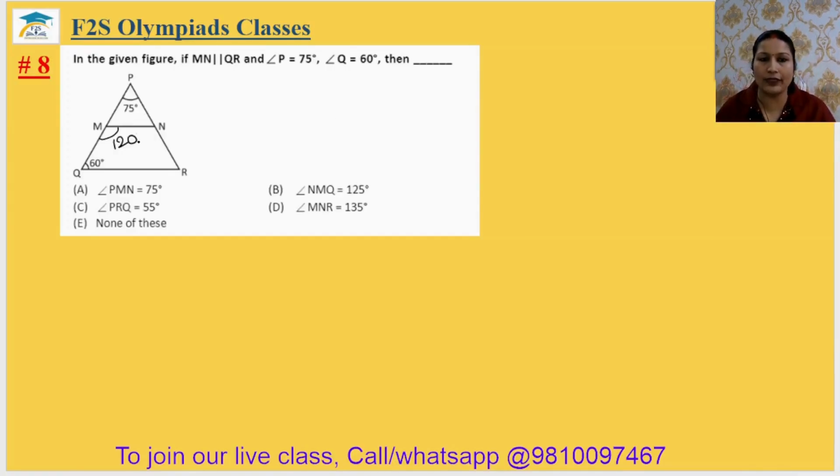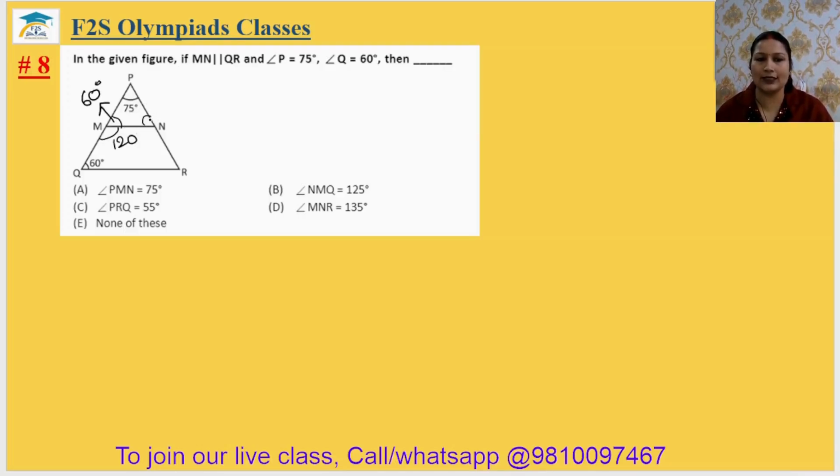Okay? And if it is 120 degree, so it should be your 60 degree. I am writing outside. Actually, there is very less space. Okay? So this will be your 60 degree. This is 60 degree. This is 75 degree. So the sum of all the angles of a triangle is 180 degree.